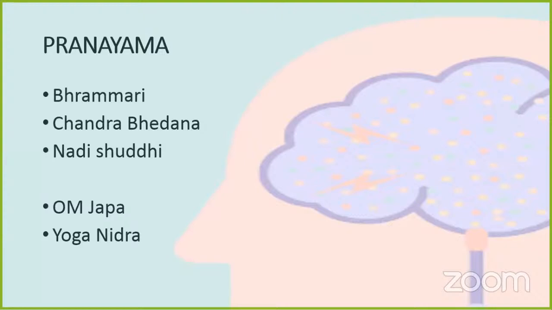Like that, we can progress them from the forward bending asanas, where the blood circulation would be more towards the brain. So gradual progress towards the forward bend, standing forward bend, seated forward bend, and moving them towards the inversions, where the blood circulation is facilitated towards the brain.